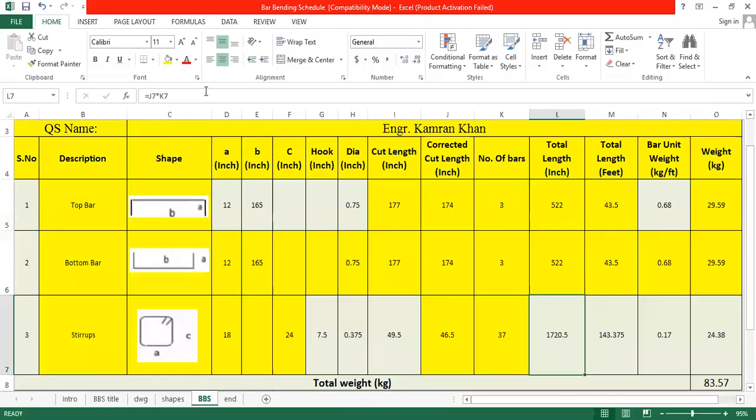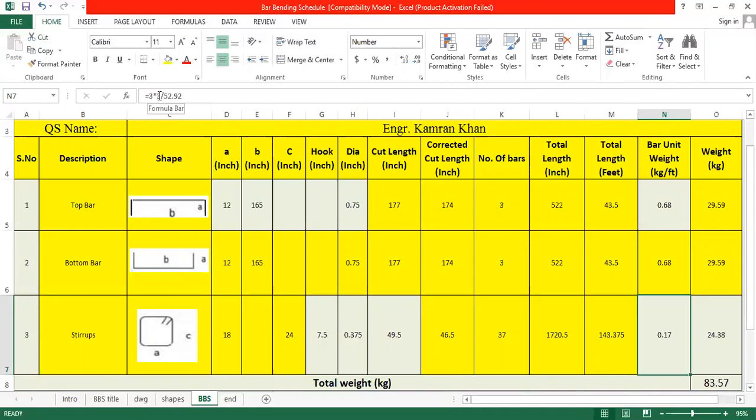Now the total length will be the multiplication of the number of bars with the corrected length. This gives me a value of 1720.5 inches. I will convert this into feet by dividing 1720.5 by 12, so in feet it is 143.37. Now the bar unit weight is again the same formula, bar number squared divided by 52.92.